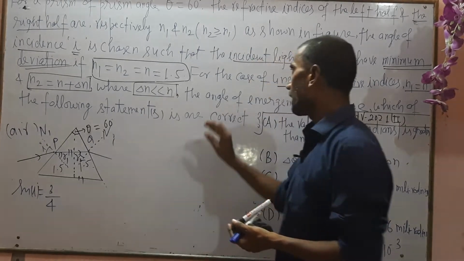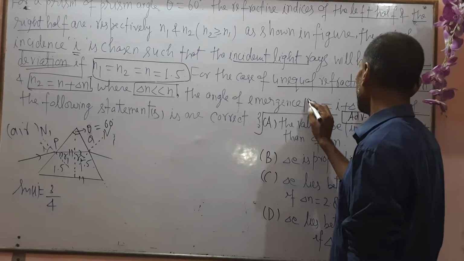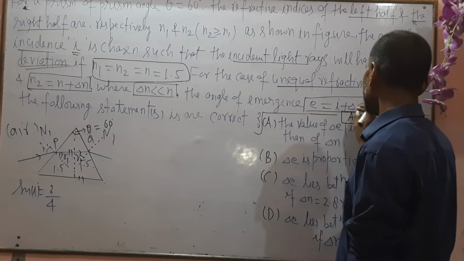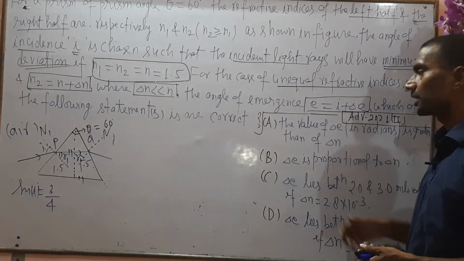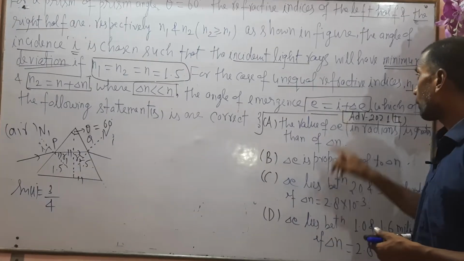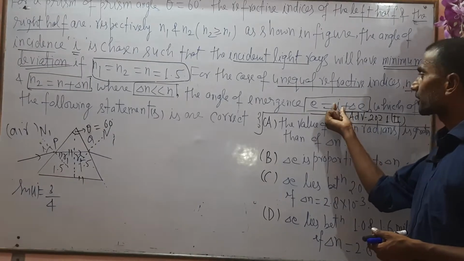And the angle of emergence e equals i plus delta e. This is the related point with respect to i.